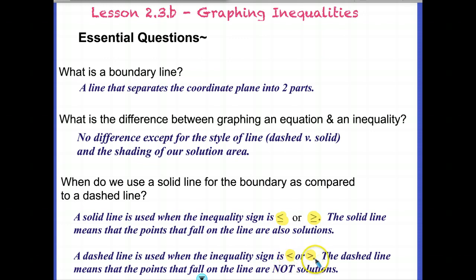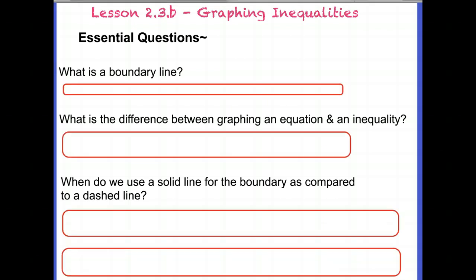And so remember that when we use these types of signs, the number is not included in the solution. So you do a dashed line to indicate that those points that fall on the line are not solutions. In this case, only the coordinate points above or below are solutions, but nothing on the line is a solution. So let's try some examples.